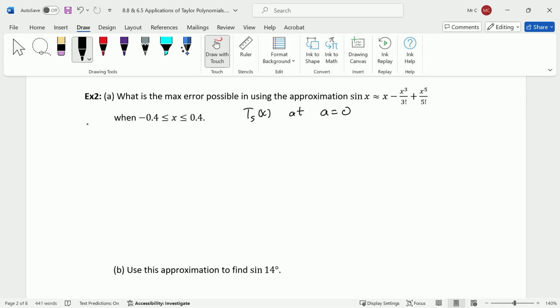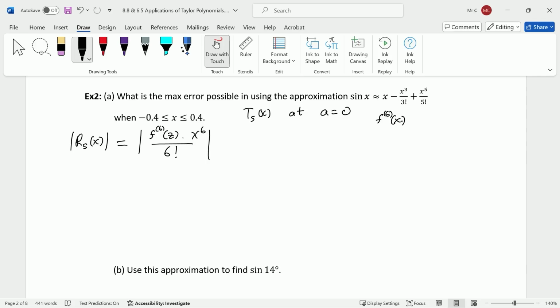And so that means if I want to find the error associated with this, I need the 6th derivative at z times x to the 6th power over 6 factorial. Okay, so since we're talking about sine of x, the 6th derivative for sine, well, let's go through it.